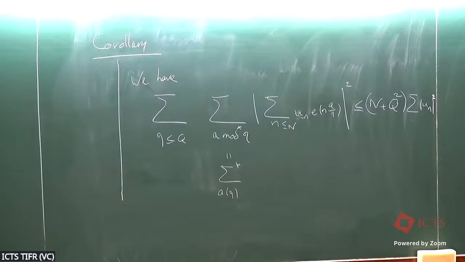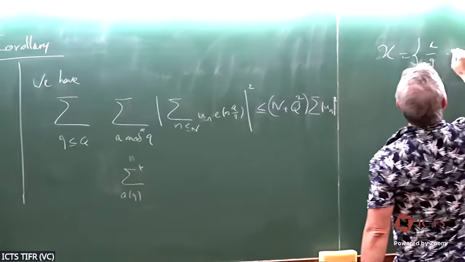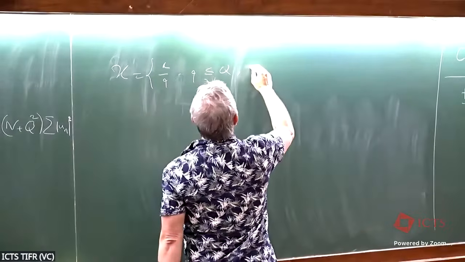I'm not so young, so you have to speak a bit more loudly. It is the set of a/q, a bit more precisely, with q less than capital Q, and a prime to q.